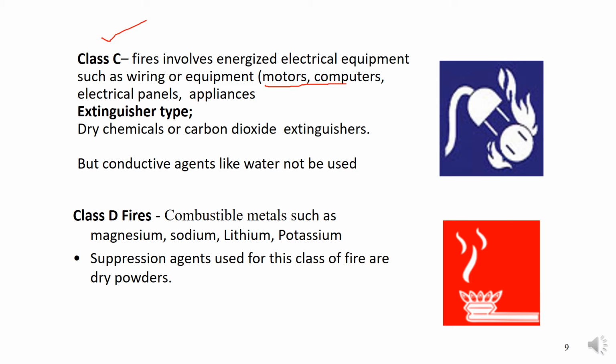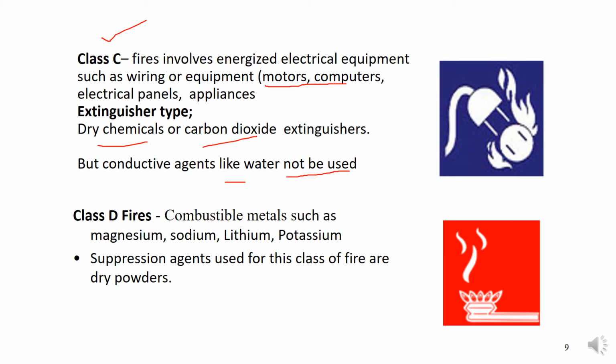So we use dry chemicals or carbon dioxide, not foam, because there are chances of electric shock. Conductive agents like water must not be used. Any fire extinguisher that contains liquid or water we will not use, because it is a conductor and can cause an electric shock.